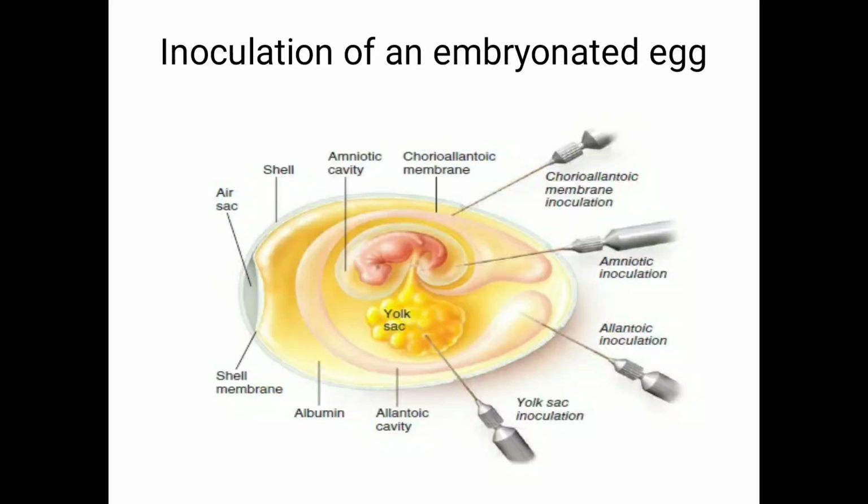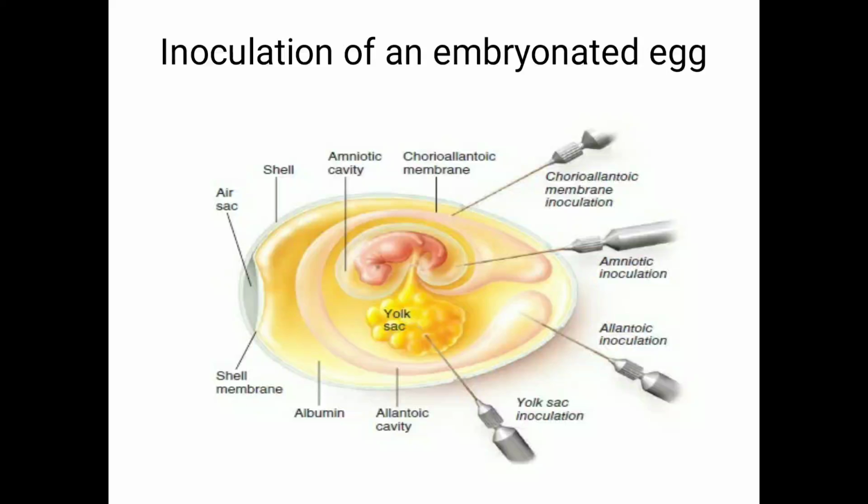Here we can see there are various membranes like the chorioallantoic membrane, then amniotic fluid, allantoic fluid, as well as the yolk sac. In these cavities the viral suspension is introduced, and likewise the growth of virus mainly takes place.